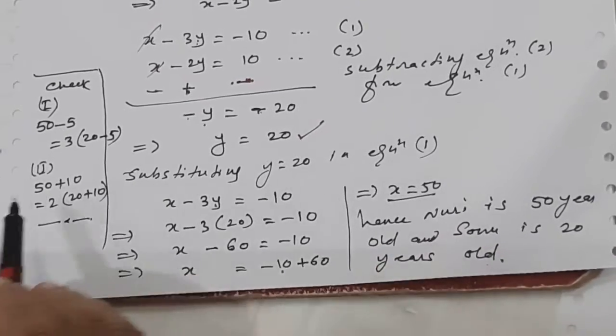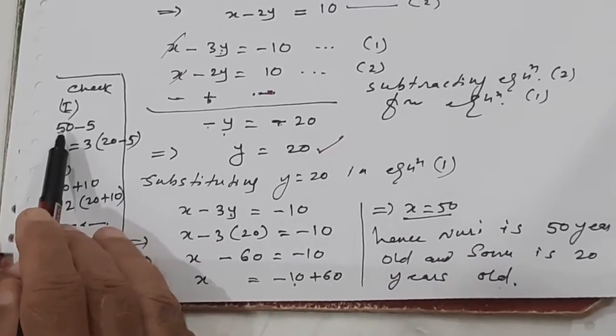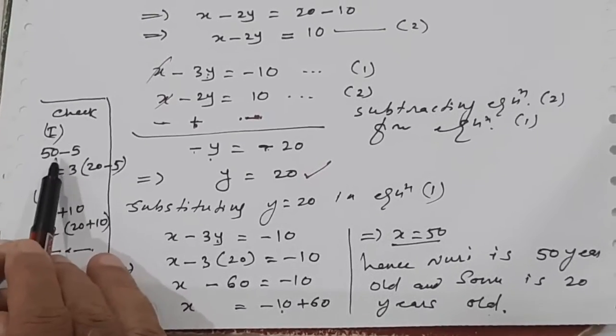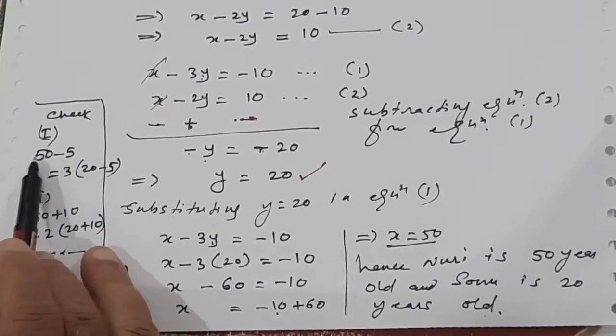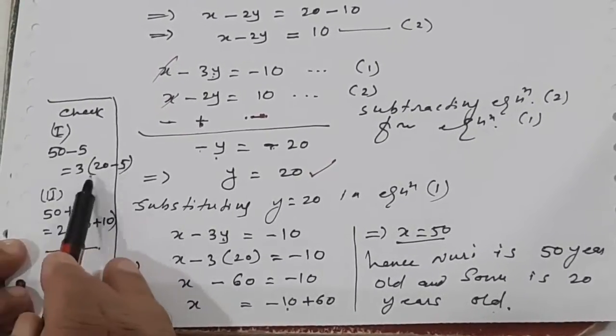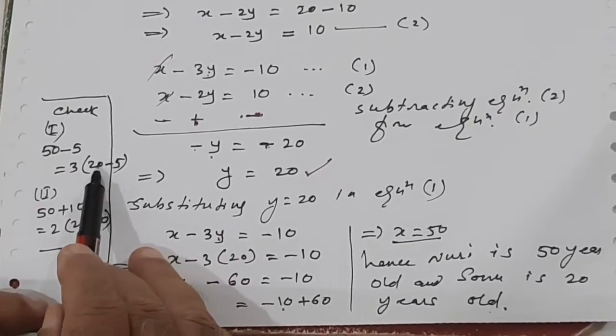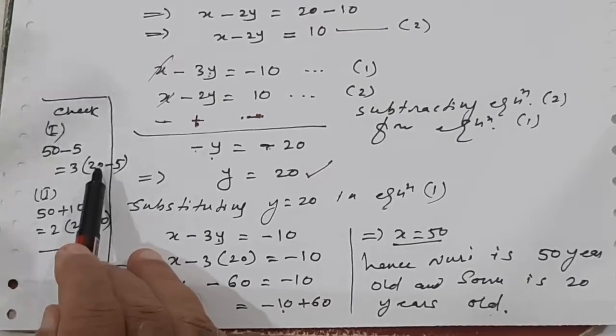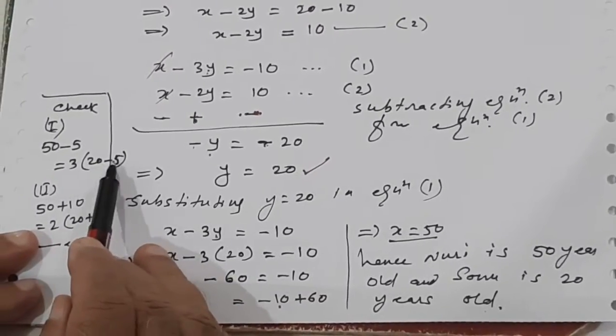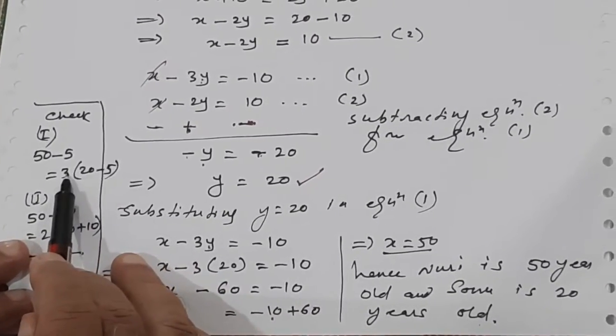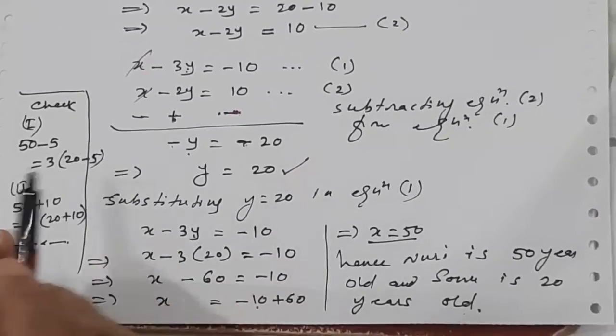Check it out. What was Noori's age 5 years ago? 50 minus 5, 45. And it should be equal to 3 times Sonu's age at that time. Sonu is today 20. So 20 minus 5, 15. 15 into 3, 45. So the first condition is satisfied.